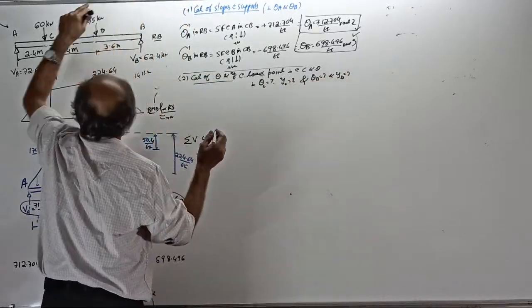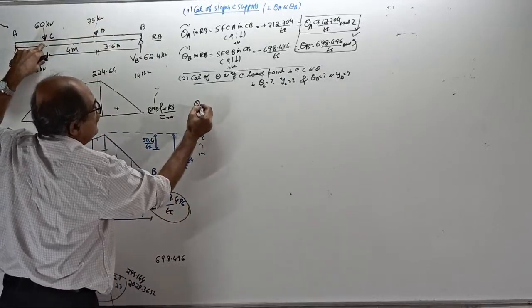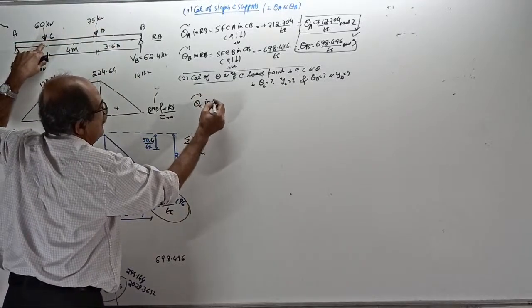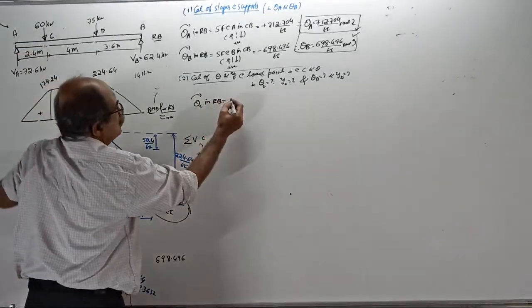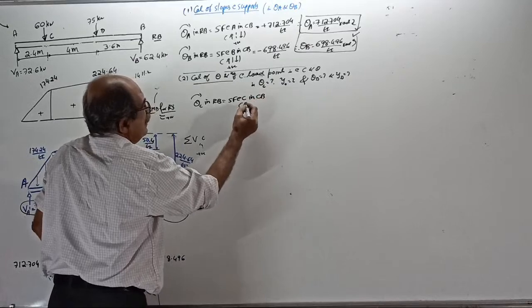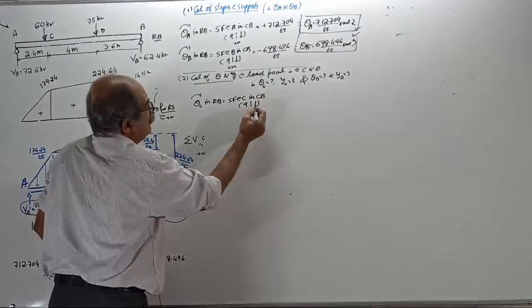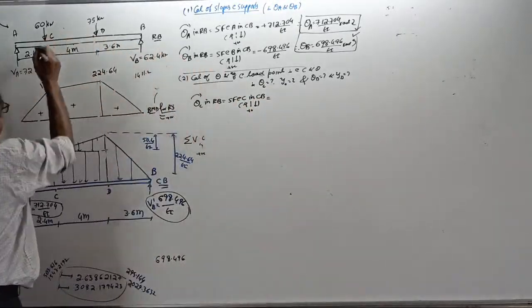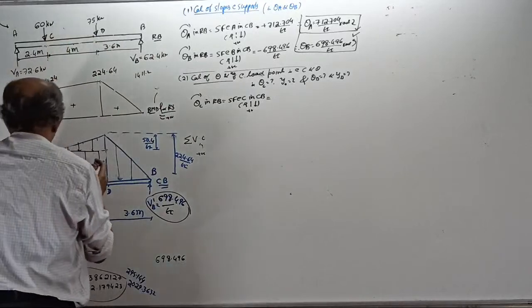Start one by one. Theta C clockwise in the real beam equals the shear force at C in the conjugate beam. Left up, right down, positive. Slope here is shear force here. Look this side.